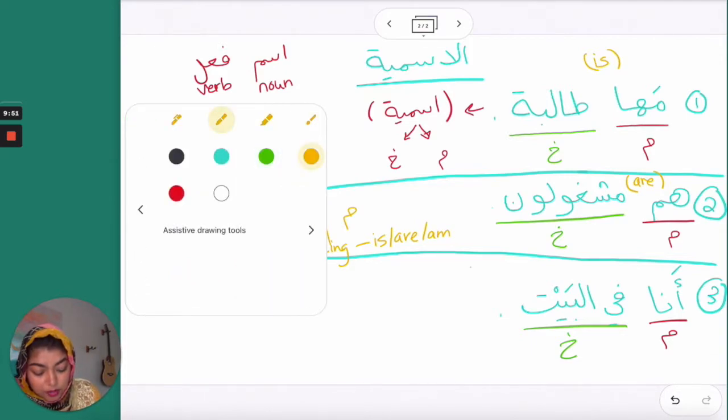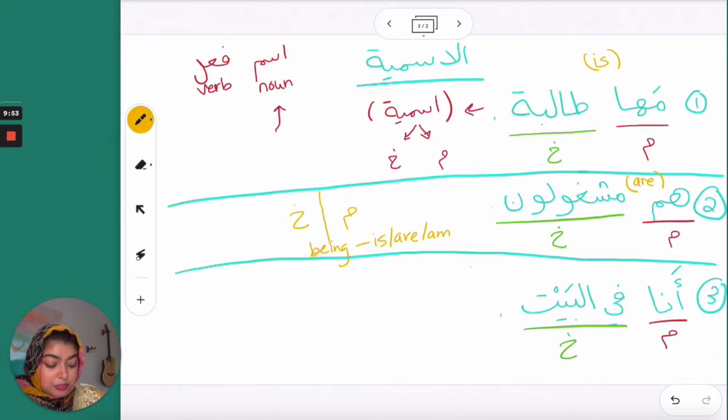So if you want, the other way that you could do it is you could draw a little line in between your mubtada and your khabar, so that when you translate it, wherever that line is, that's where you would put your being verb. I am in the house. Okay? And that'll help you because some of you guys were confused about, okay, well, where is the is?